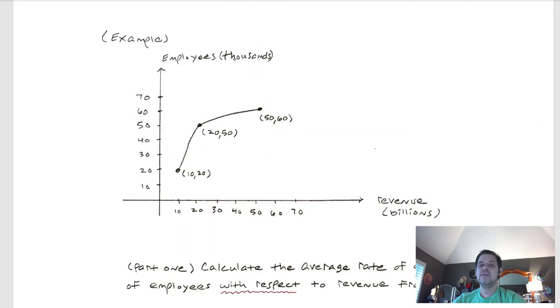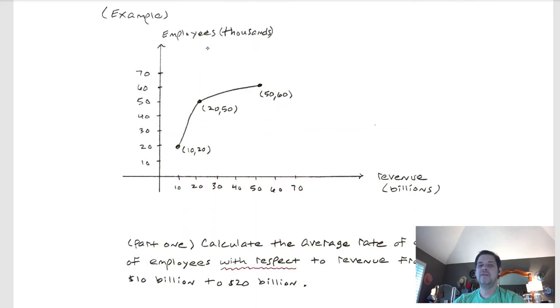So suppose that I have a curve here, and we've plotted how the number of employees in a company is related to the revenue of the company, all right? We might expect that as the revenue grows or goes up, that the number of employees also does. But how is going to take some more math, okay?